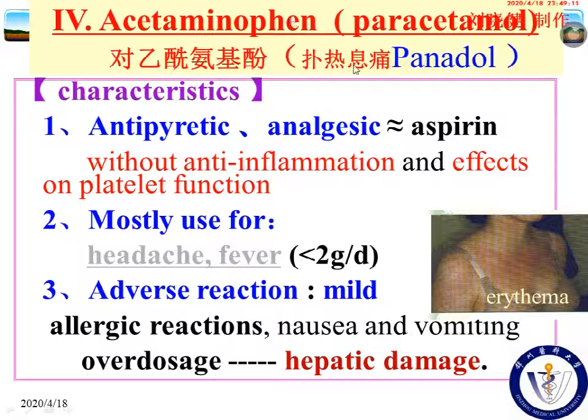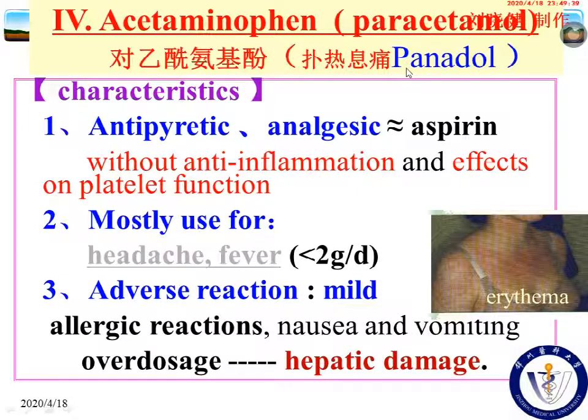Acetaminophen has another name, paracetamol, and sometimes it is also called Panadol. In Chinese, it is called 扑热息痛. 扑热 means relieve fever. 息痛 means relieve pain.